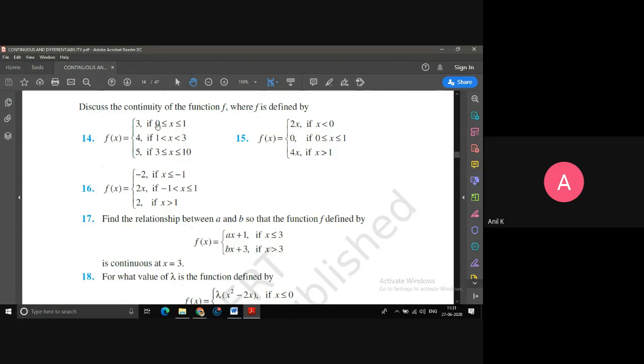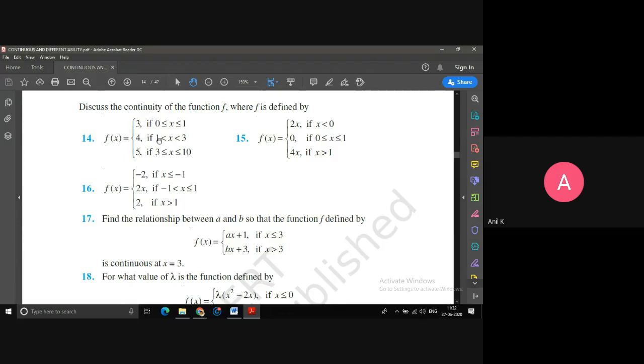That means the right limit you can find, but I don't know what the function is for the left limit when x is less than 0. Okay, that's why at 0 you need not find the continuity. And at 10 also, x is less than 10, I know the function value is 5. I don't know what the function is if x is greater than 10. It is not mentioned in the question. So that's why at 0 and at 10, I don't discuss the continuity.